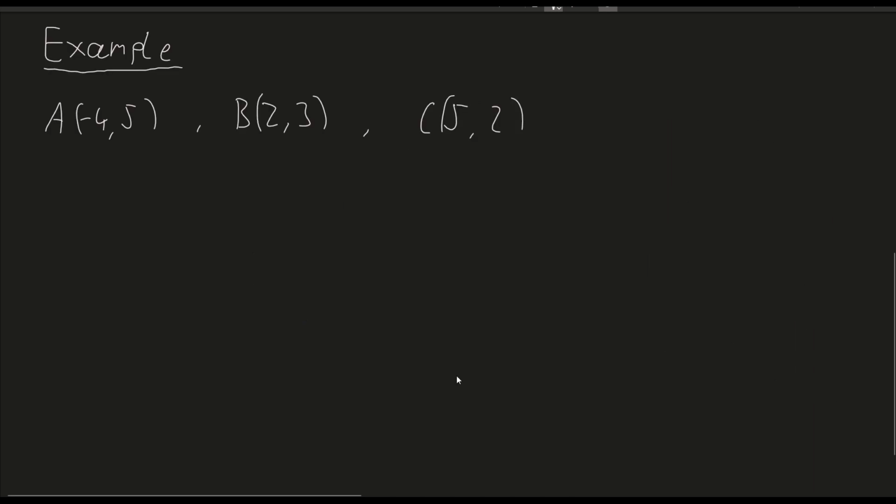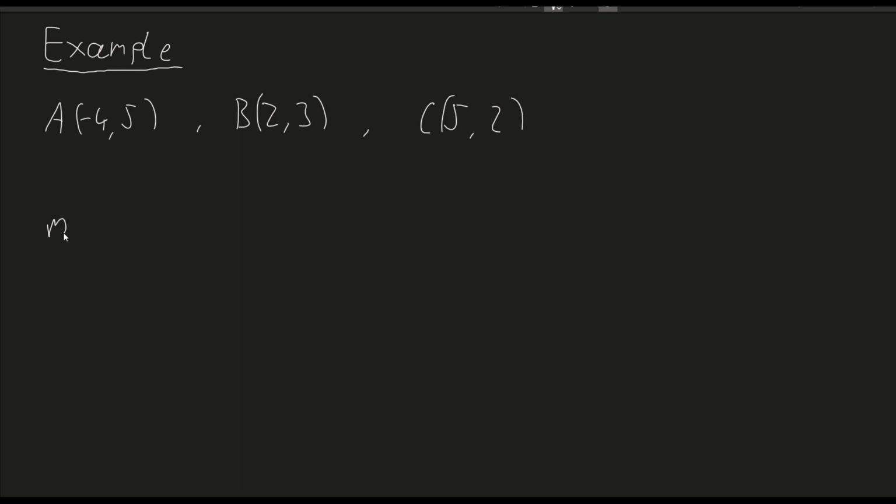Okay, so let's take an example of this. Here we have the 3 points A, B, and C, and the question is to prove that these points are collinear. So using our definition of collinearity, we have to ensure that the gradients AB and BC are the same number. So let's actually calculate these.